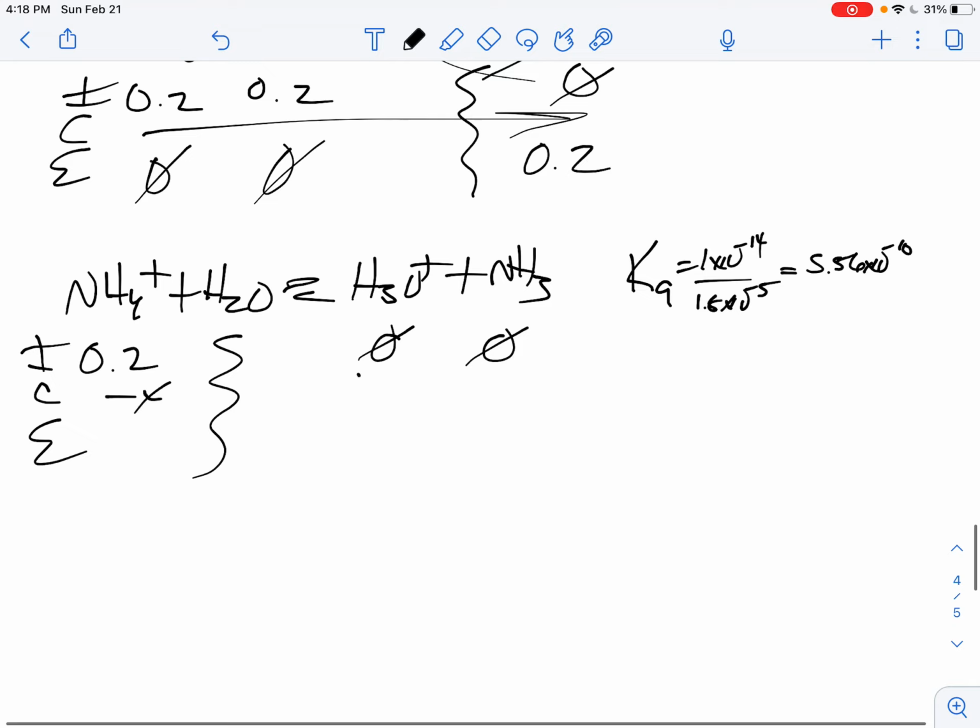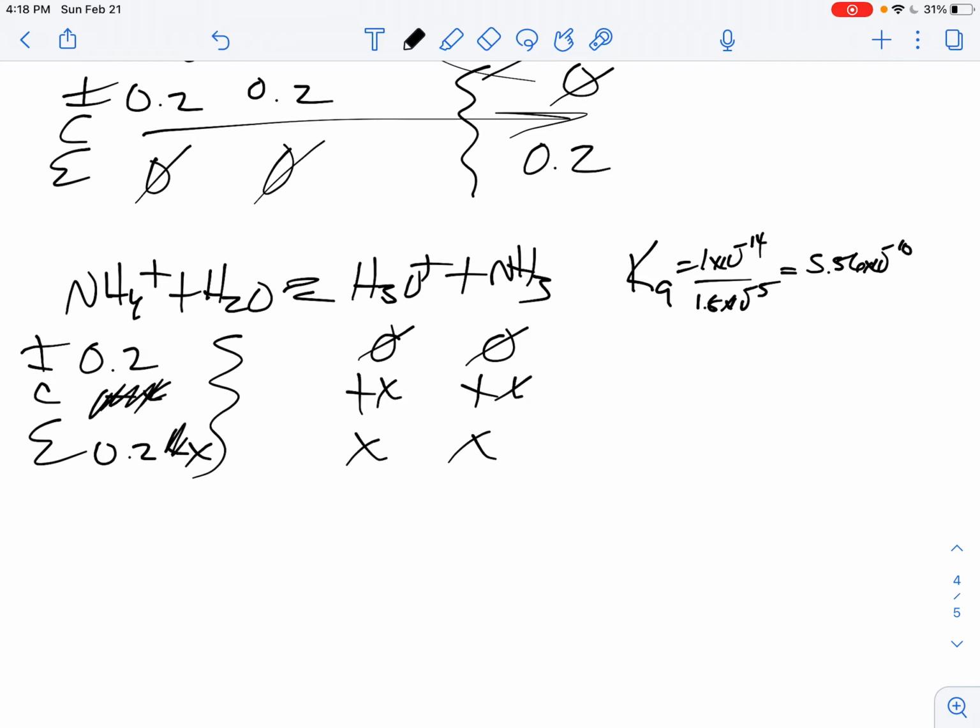And so this is going to be a minus x and a plus x and a plus x situation, to be 0.2 minus x, x, and x. If you want to, you can get rid of this because my K value is extremely small. And so you're going to end up with x squared over 0.2 is equal to 5.56 times 10 to the negative 10th.